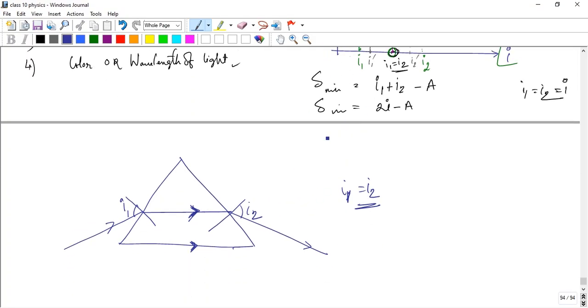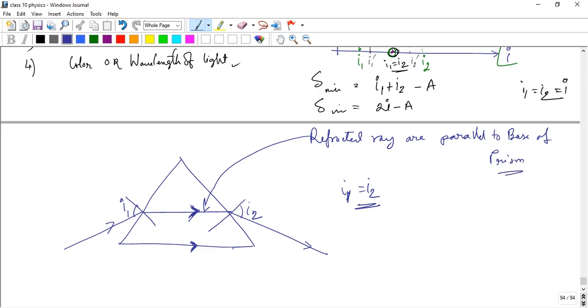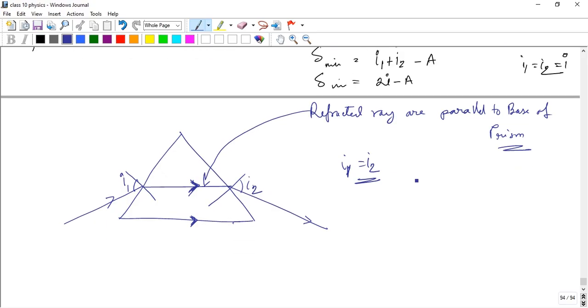So when delta is minimum, the refracted rays are parallel to the base of the prism. Clear.